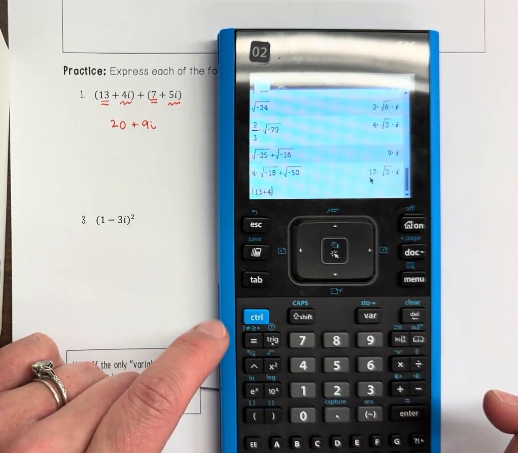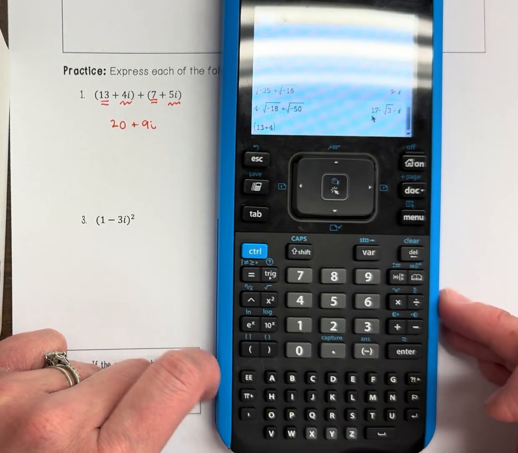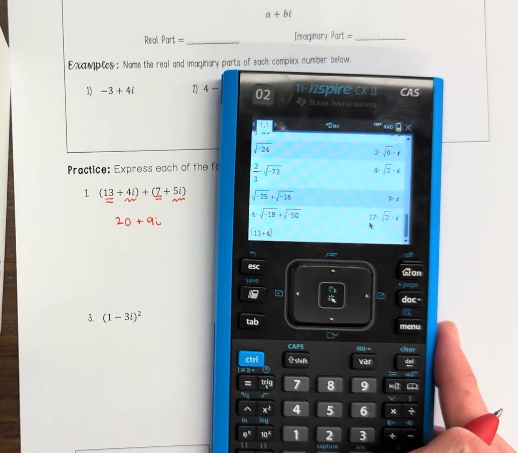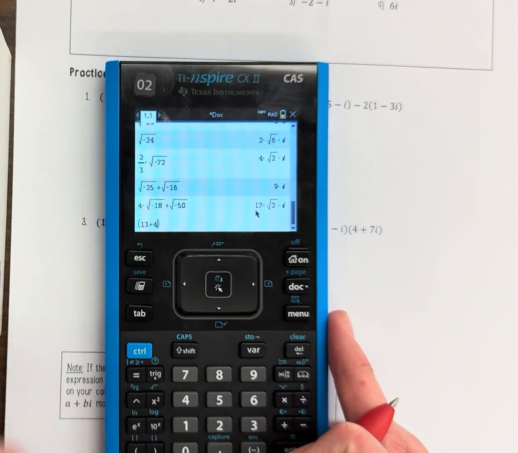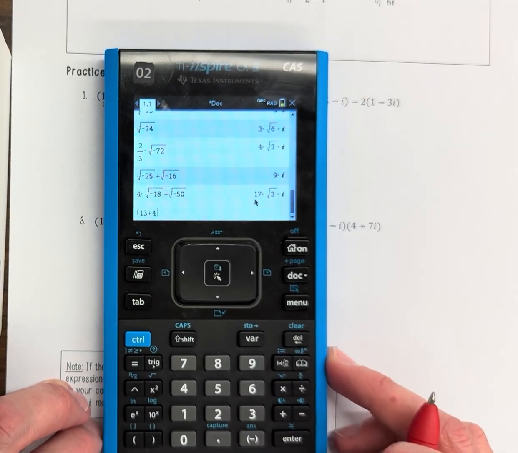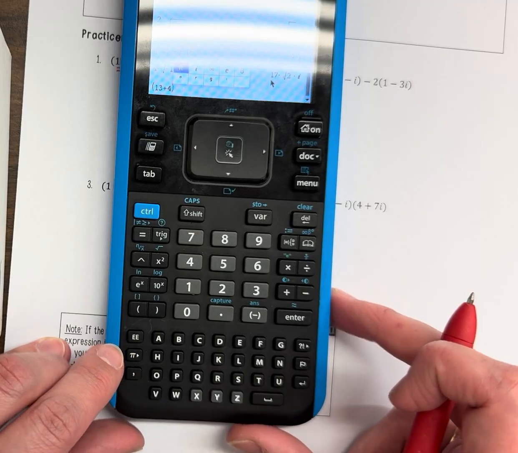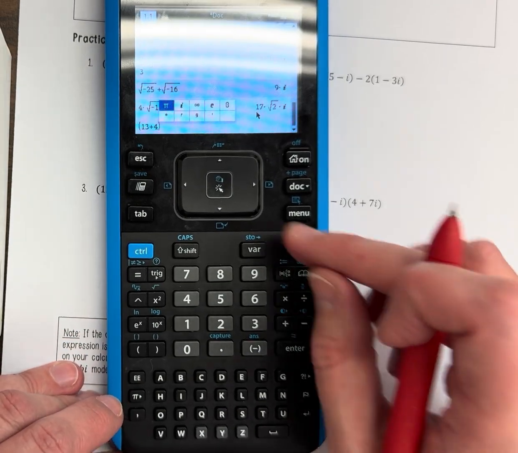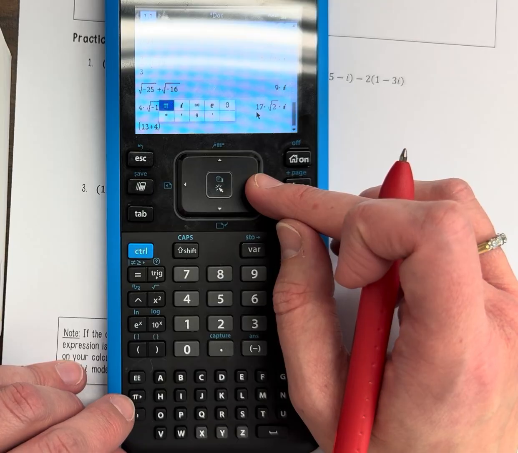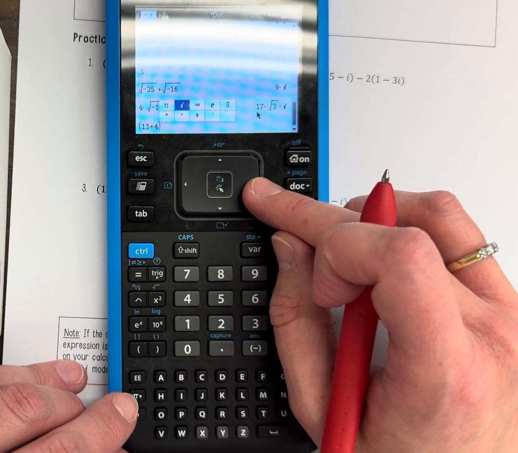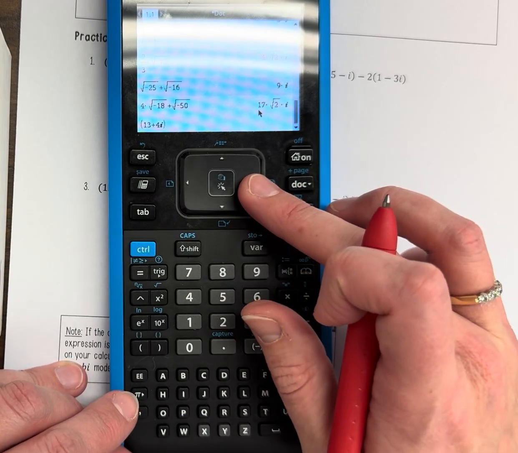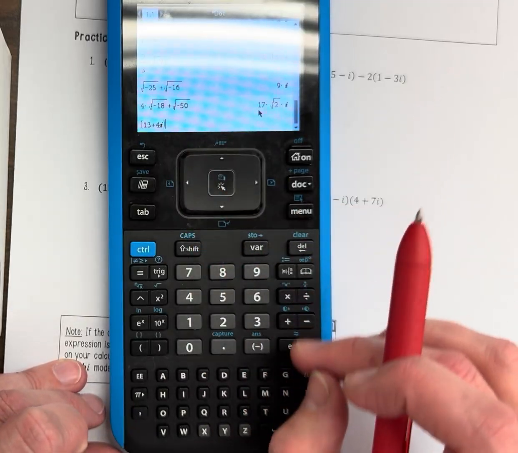13 plus 4, and then to get the i button, oh, this is so glary. To get the i button, you're going to have to click all the way down on the bottom where it says pi. The i, imaginary i, is in the pi-like category. So you hit i from here, and you see how it's bolded and kind of cursive-y.